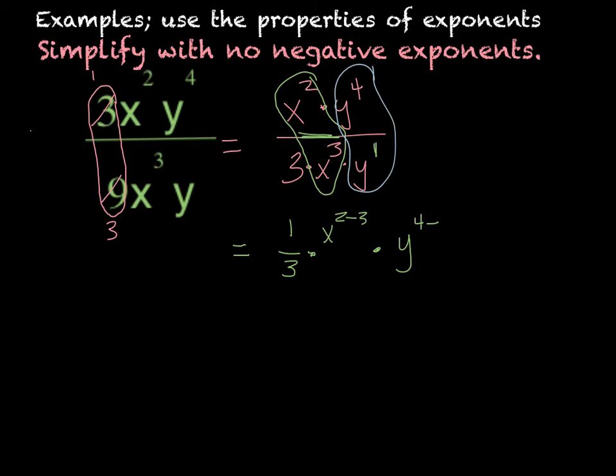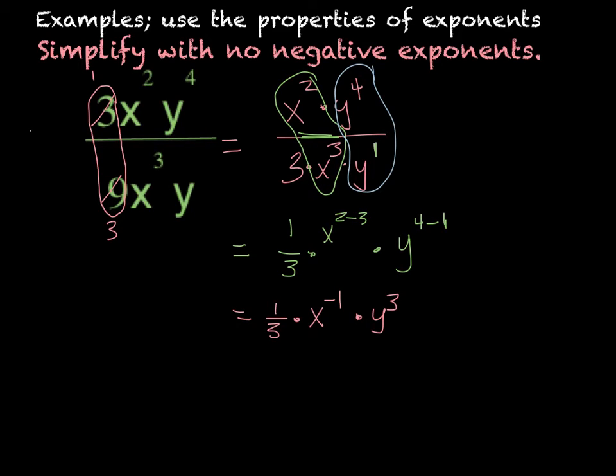If there's nothing there, it's an implied 1. Okay, so now I simplify this and I get 1/3 times x to the negative 1 times y to the 4 minus 1 is third power.